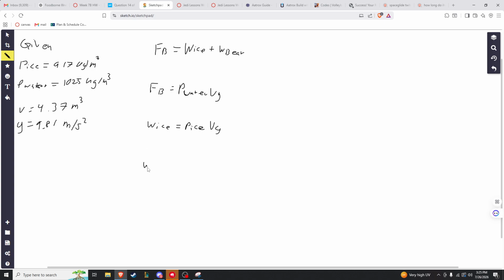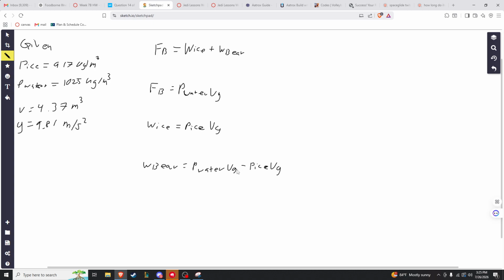So the weight of the bear in this situation is going to be density of water times volume times gravity minus the density of the ice times the volume and the gravity.